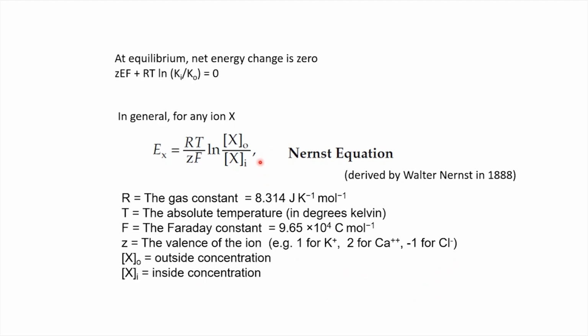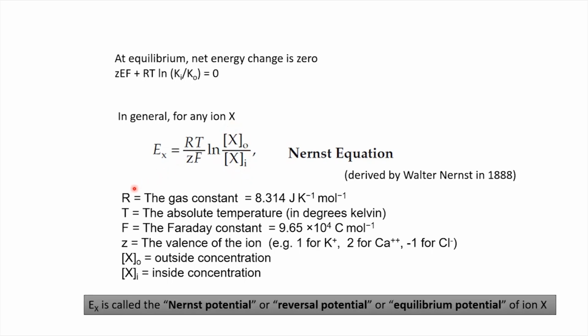And Xo and Xi are the concentrations of the ions outside and inside. And what matters is the ratio. So if both the concentrations are multiplied by 2, it will not change the equilibrium potential. And the value of the potential that we get here is the equilibrium potential, and it is also sometimes called the reversal potential or the Nernst potential of the particular ion X that we are looking at.